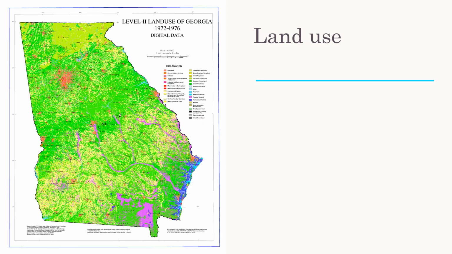Another way that we look at and study cultures is the way that we use land, and that's what we term land use. As economic development occurs, we often see changes in the way that people are using the land.